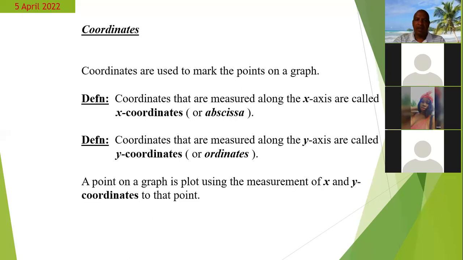All right, moving along. Now, a point on a graph is plotted using a measure of x and y coordinates to that point. So in order to find a location on the graph, you measure along the x-axis the amount of distance to the point, and then you also measure along the y-axis the amount of distance to the point.